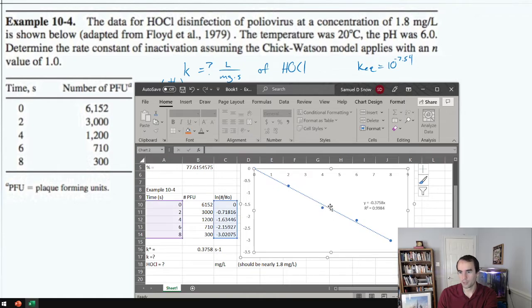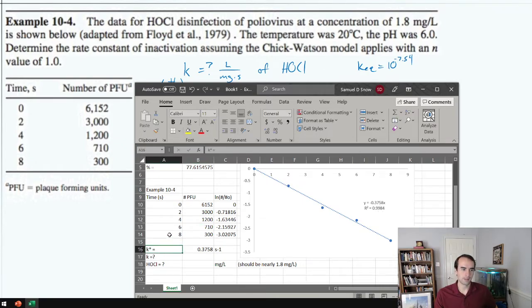So I added the trend line, got that linear regression, and I told it to go ahead and fit to intercept at 0, which it was approximately there anyway, but since we want just y equals mx with this linearization, that's a nice thing to do, and our r² value supports that just fine. So we have then y equals mx here, and y is equal to negative 0.3758x. So that m there, that slope, that's going to be our k star.